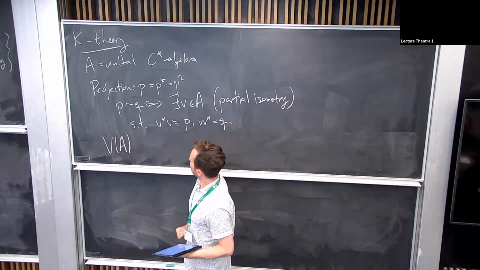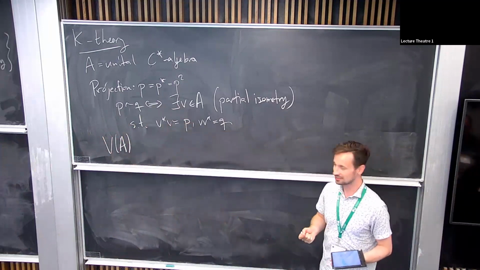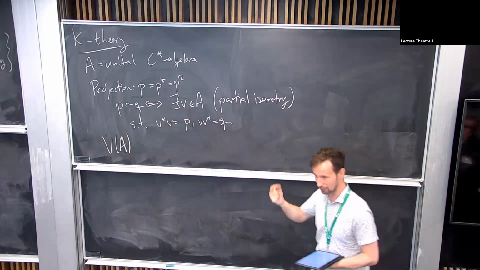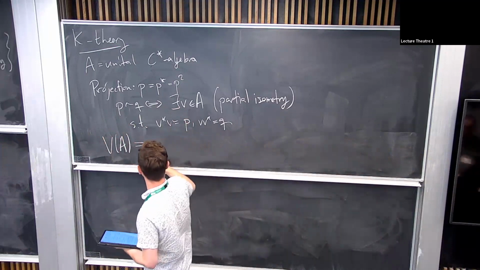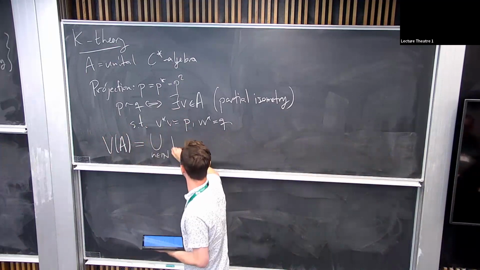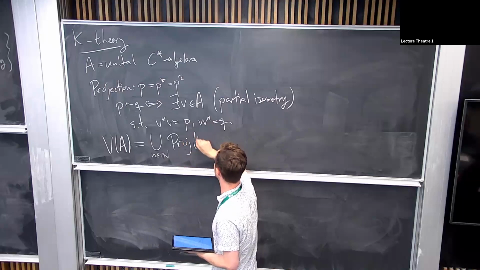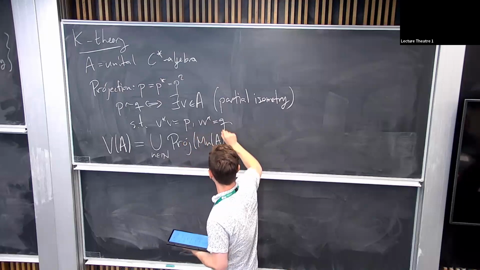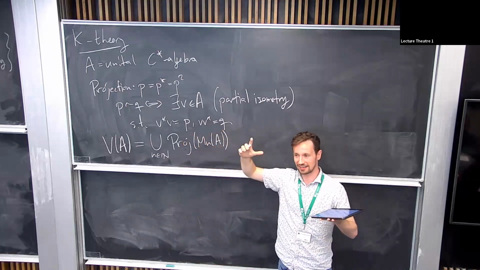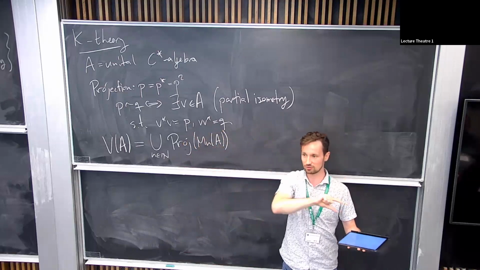First of all, when you want to define what K-theory, or K0, is, you want to do what Enrique was doing in his talk and look at a certain monoid first. The monoid I'm going to consider is the union over the set of all projections in matrix amplifications of my C-star algebra. If I have a 2x2 matrix, I can consider it as sitting inside the 3x3 matrices by just adding a bunch of zeros, and so on.